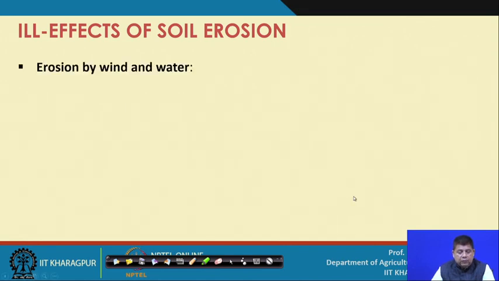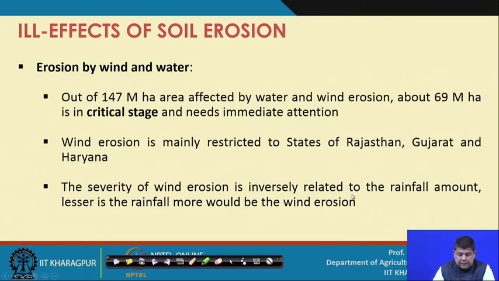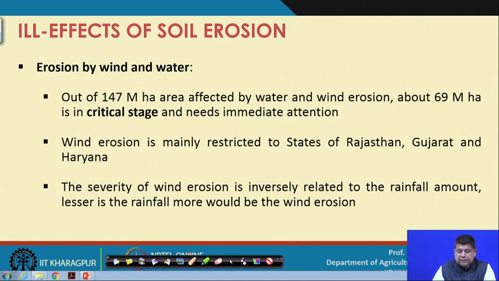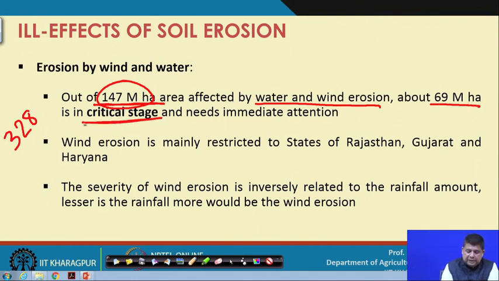Erosion by wind and water: we already saw statistics yesterday that in India, out of the total geographical area of 328 million hectares, around 147 million hectares is impacted by various forms of erosion. Out of these 147 million hectares affected by water and wind erosion, about 69 million hectares is in a critical stage and needs immediate attention.